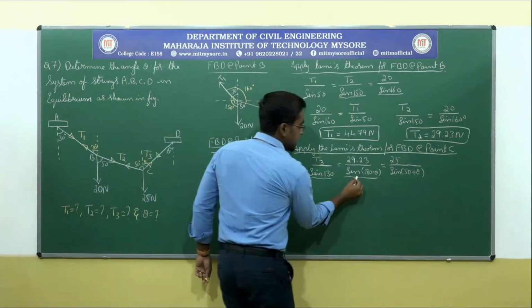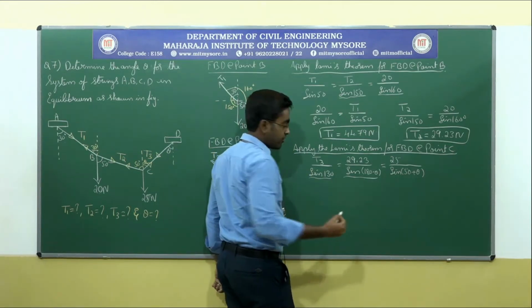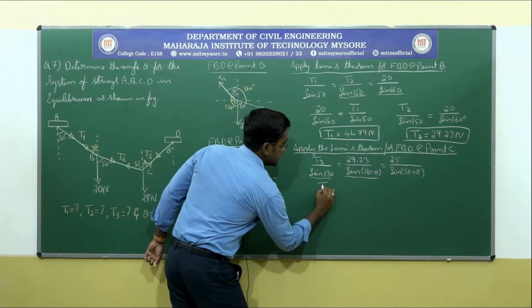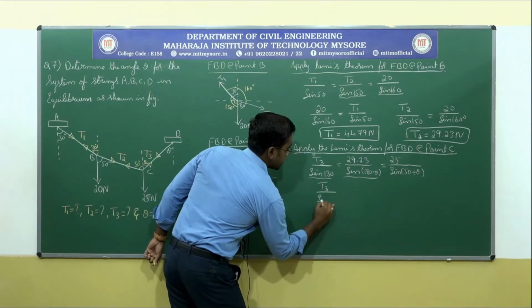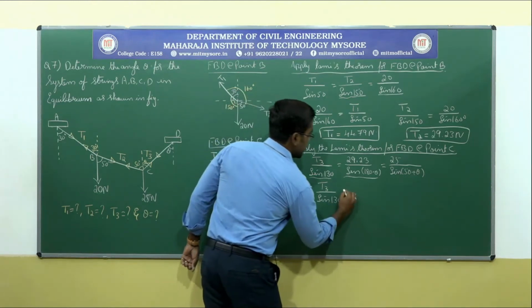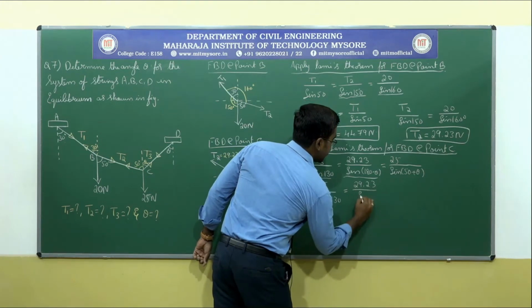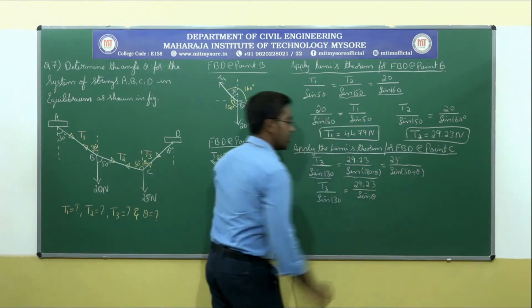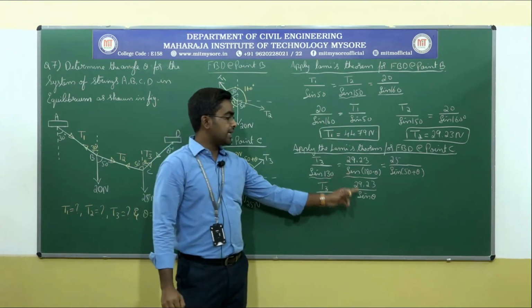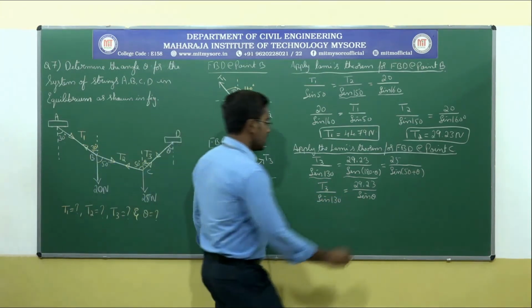So sine 180 minus theta is equal to sine theta, we know that, right? First let me equate it first. So T3 divided by sine of 130 is equal to 29.23 divided by sine theta, because sine of 180 minus theta will be equal to sine theta, right?